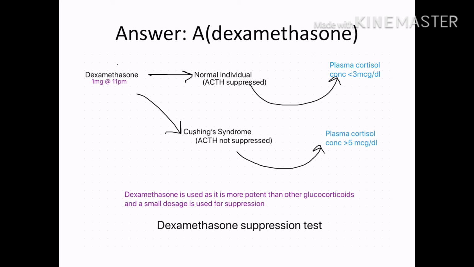So this test helps us determine whether hypercortisolism was secondary to ACTH production or independent of it. Out of the other drugs listed, dexamethasone is used because it is the more potent glucocorticoid and only a small dosage can be used for suppression.